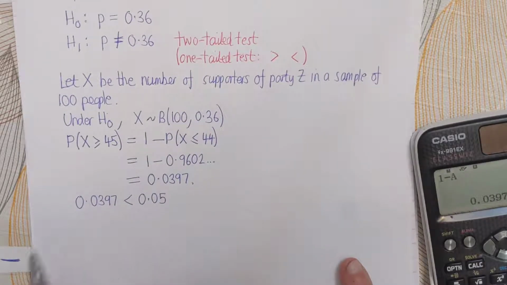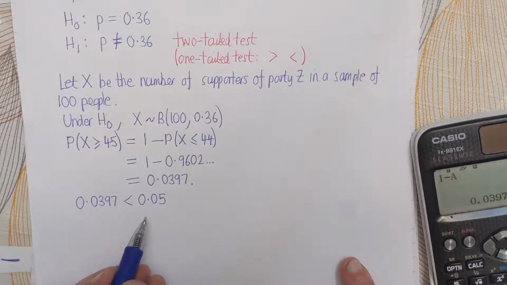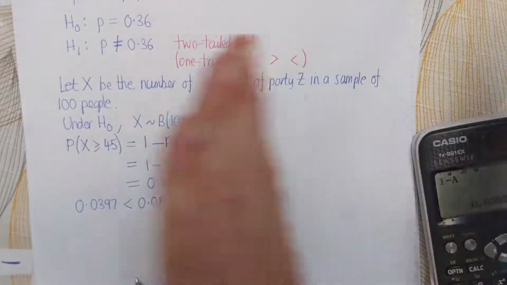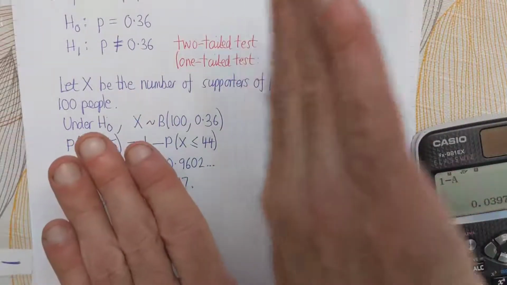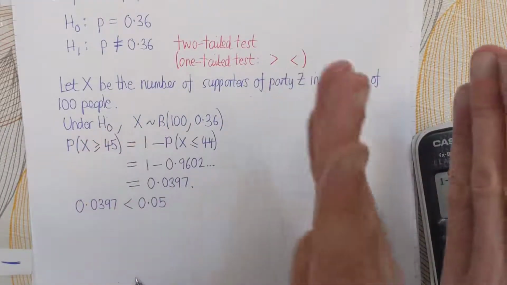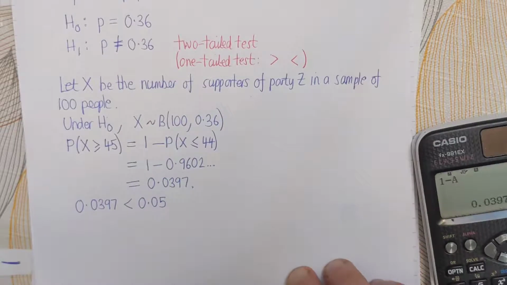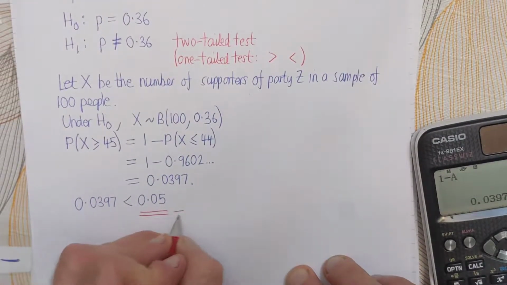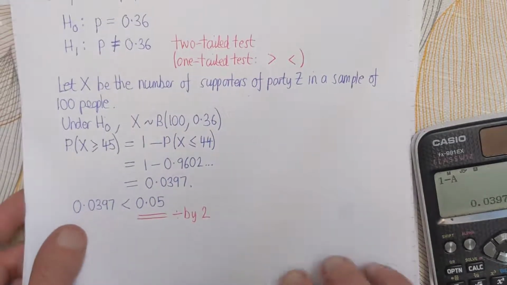You do this for a two-tailed test, not for a one-tailed test. Why? Because in a two-tailed test, because it can be greater than or less than, you divide the significance level by 2, and half of it is for the top end, and the other half is for the bottom end, right? So don't forget to do this, divide by 2, when it's a two-tailed test. It's critical.